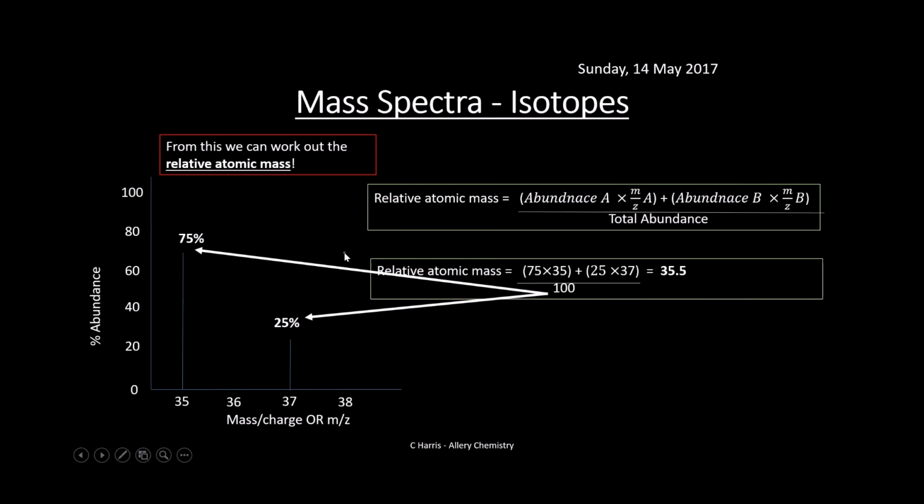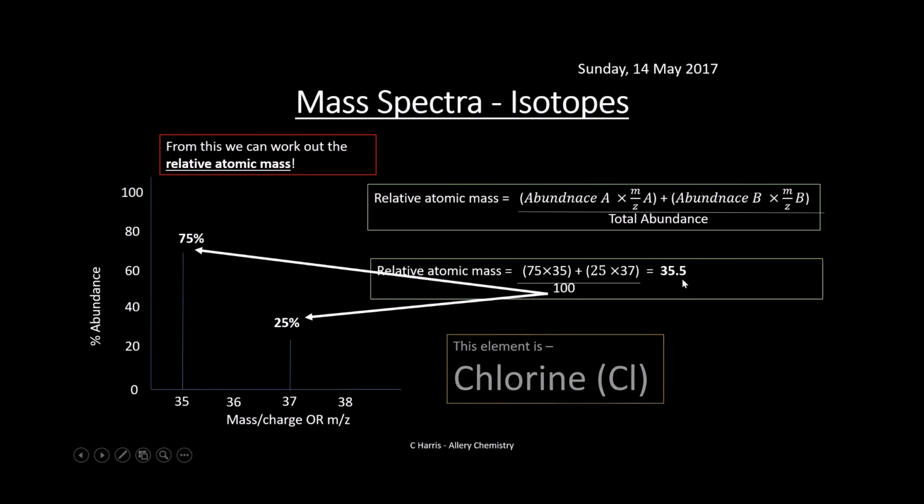So in this case, 75 times 35, and we've got 25%, so 25 times 37 for this one. Add them up, divide by 100 because your total abundance is 100, and that gives us a relative atomic mass of 35.5. If you look in the periodic table, the element for this spectrum is chlorine.